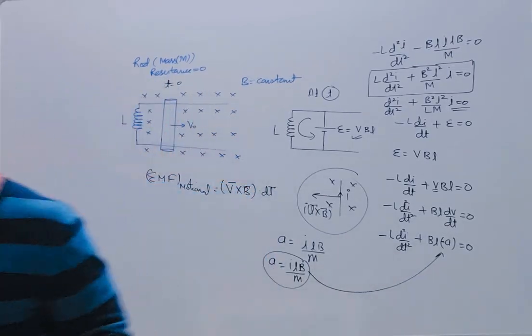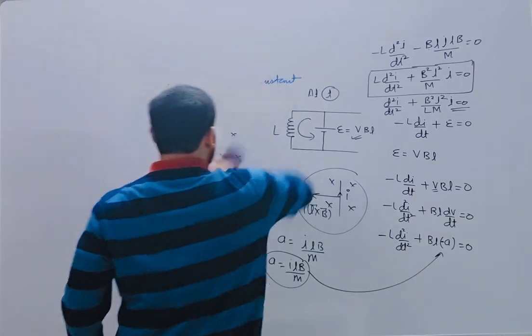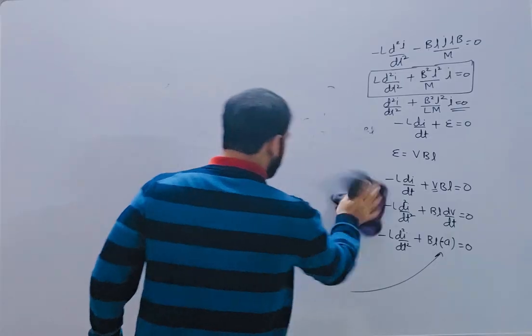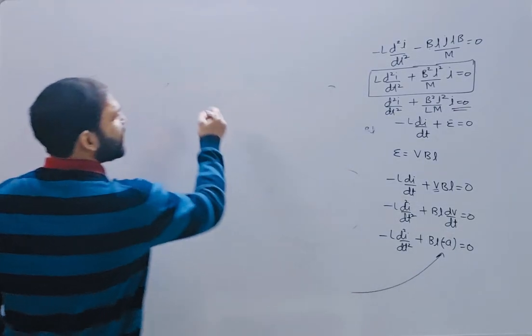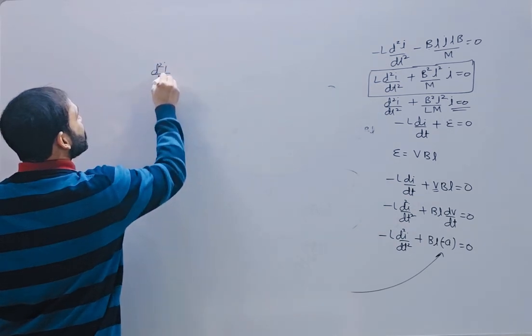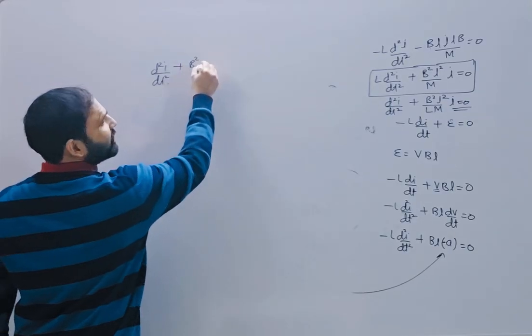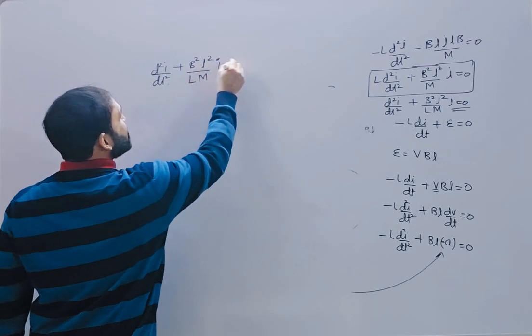Now I am cleaning this. So from the equation we have got d2I by dt square plus B square L square divided by LM times I is equal to 0.